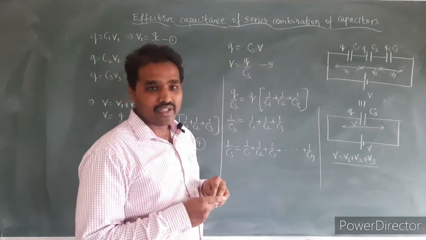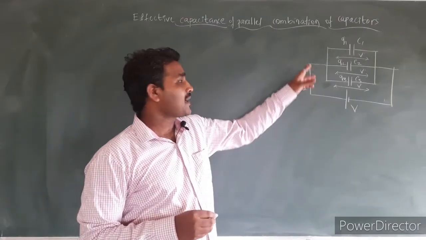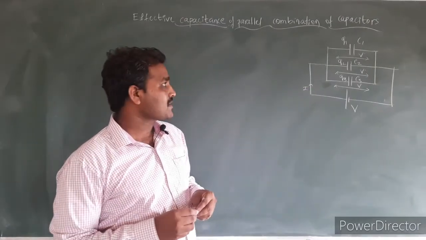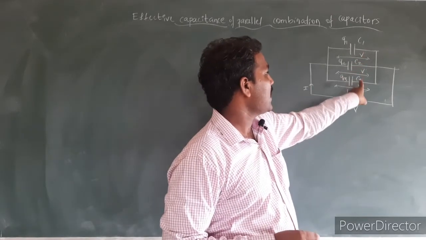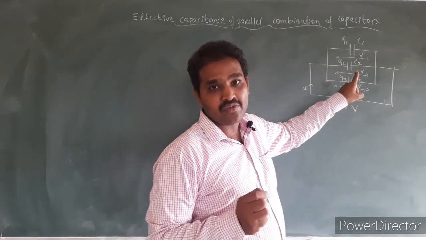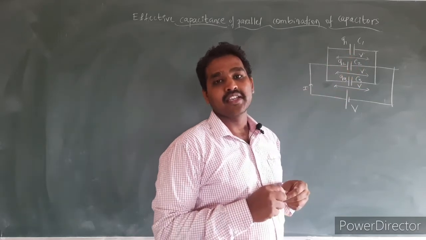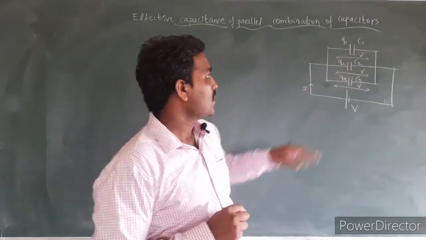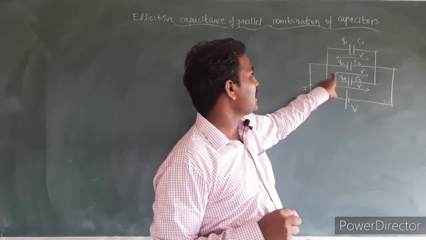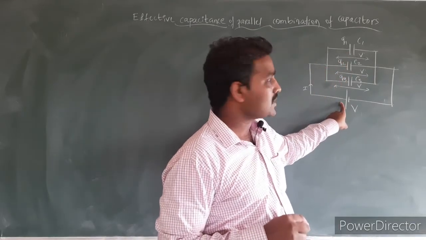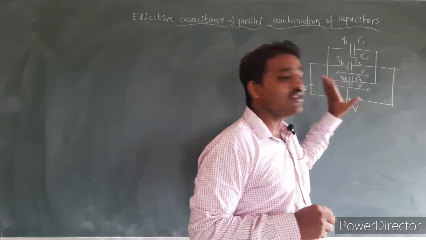Next, let us consider the parallel combination of the same capacitors. Let C1, C2 and C3 be the capacitances of three capacitors connected in parallel. We say capacitors are connected in parallel when all the left terminals are connected to the positive source and all the right terminals are connected to the negative source.